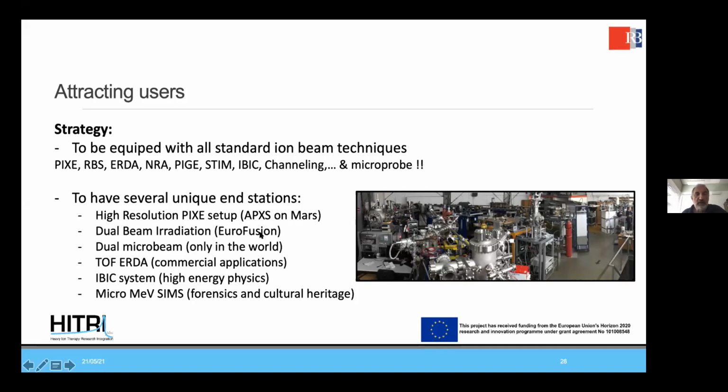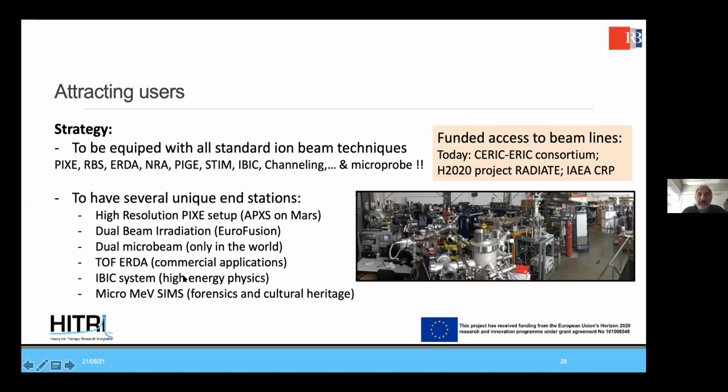Only 3 or 4 laboratories in Europe can do that. TOFERDA that I showed we use for commercial application, and it gives us some money to pay technicians, for example, because nobody will work for, let's say, 500 euro in an institute when he can get twice more in some private company, and so on.